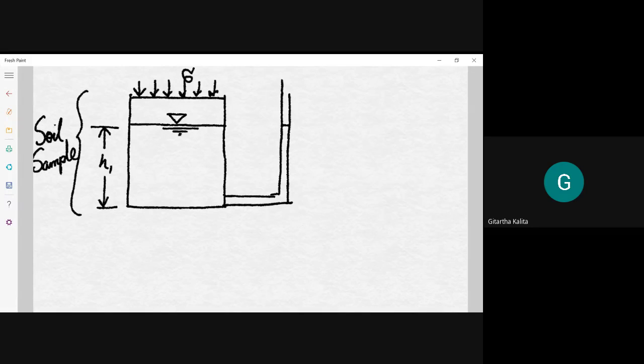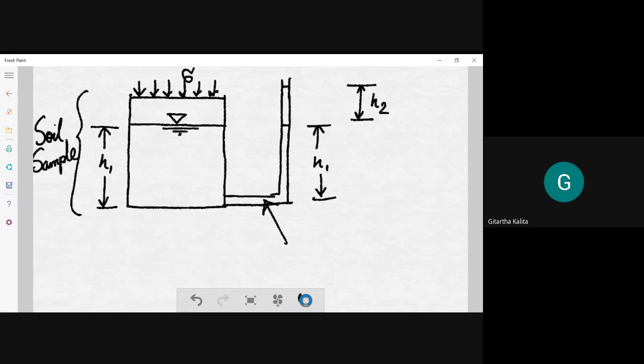This piezometer reading, initially it will be H1 because it is related to the water. Now it will reach somewhere like H2. I'm saying that it will move to around H2 when there is some external pressure applied. So in this piezometer, the reading will become H2.